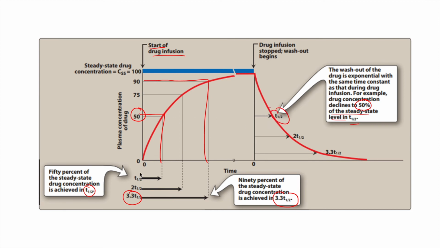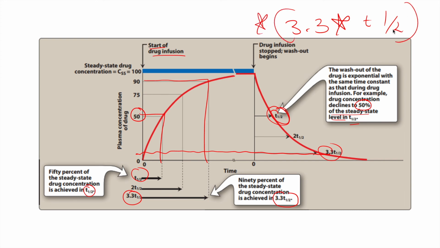So 1 T half-life also means 50% reaching the plasma concentration, and 1 T half-life also means 50% washed out. 2 T half-life means further drug has been washed out and eliminated, and at 3.3, 90% of the drug has been washed out. So remember, 3.3 is a very important number when it comes to T half-life. That's the point of the whole concept, guys.